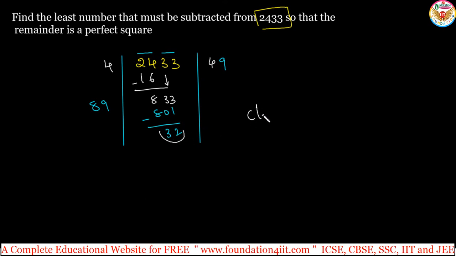So clearly we can say this: if 32 is subtracted from the number in the question, 2433, then the remainder will be a perfect square.